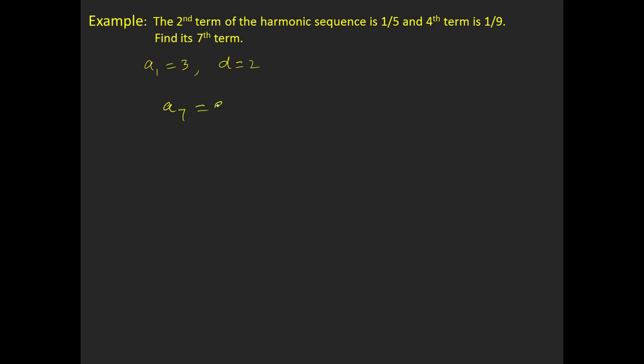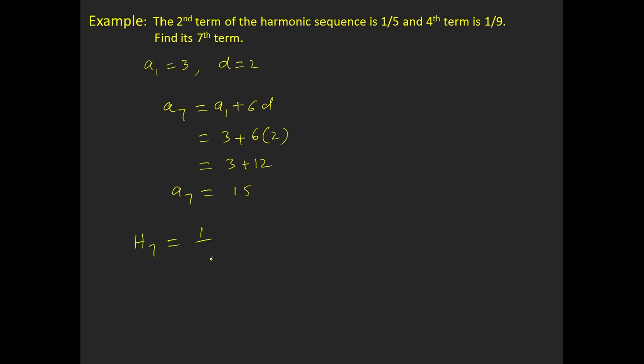a7 is a1 plus 6d. What is a1? a1 is 3 and d is 2. So 3 plus 12, and the answer is 15. So our 7th term in the arithmetic sequence is 15. Now what is the 7th term which is required in the harmonic sequence?